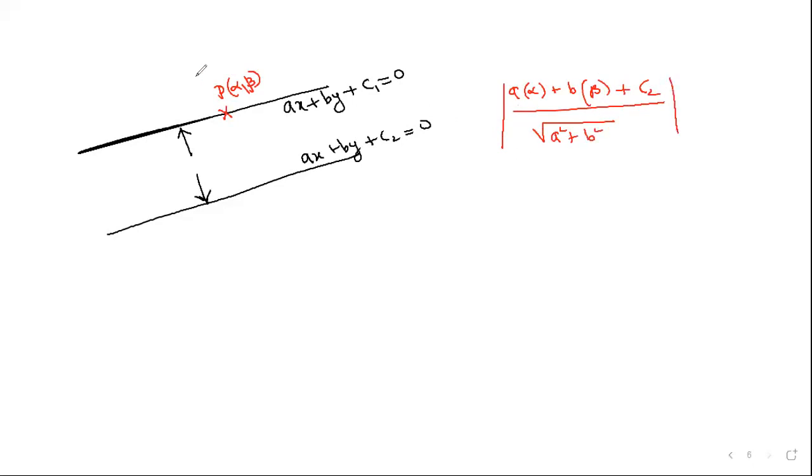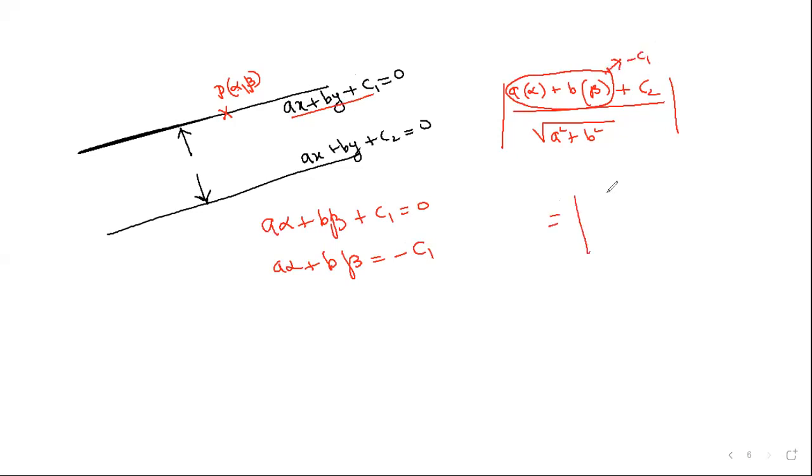Now, but alpha beta is a point on this line, so alpha beta should satisfy this equation. A alpha plus B beta plus C1 should be 0. Which means I can remove this much and put minus C1 there. So your formula became C2 minus C1 upon root of A square plus B square.